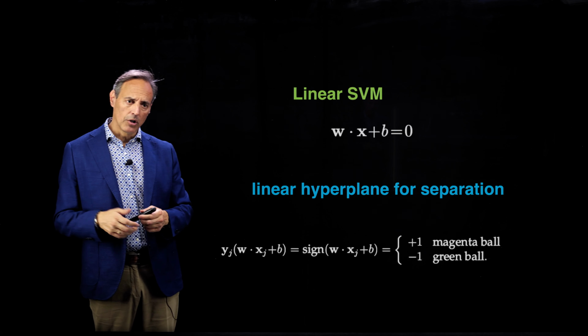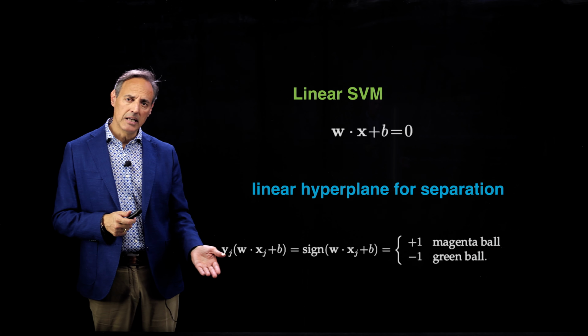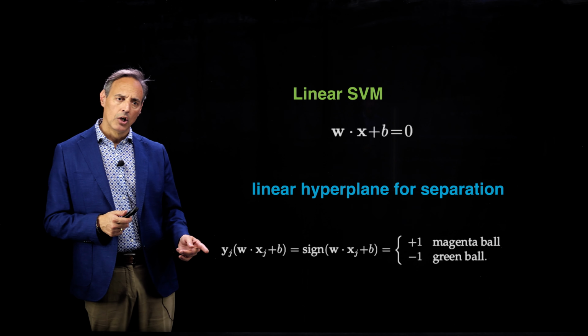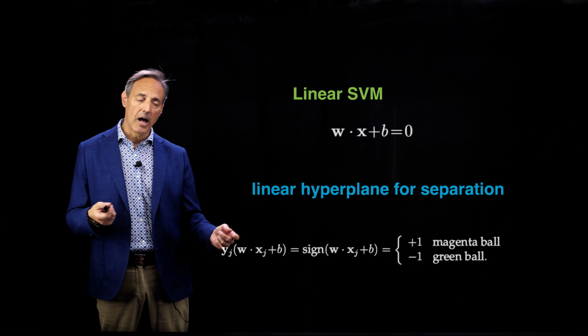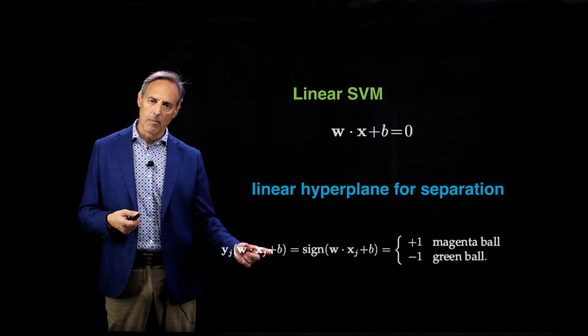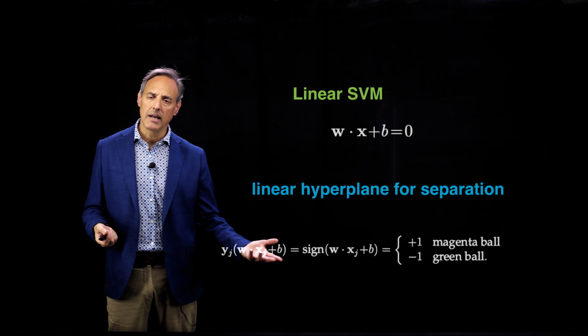And so what we're going to start looking at are quantities like this, an indicator function, y. This is going to be a quantity I can evaluate for every data point. So I can go to every single data point, and ask the following question. If I put that data point into w dot x plus b, what I'm really looking to do is say, what is the sign of this?